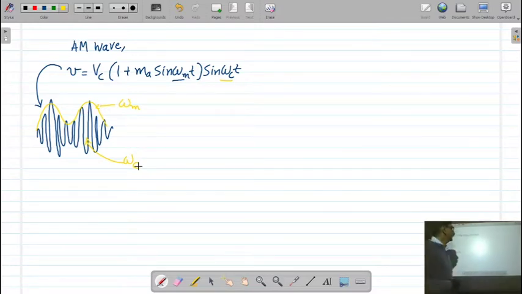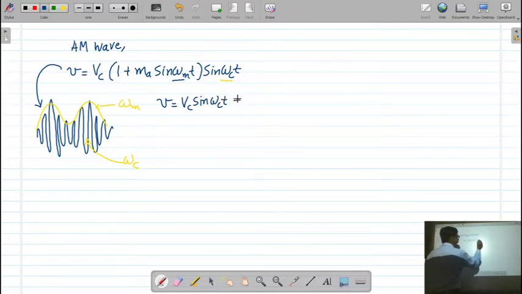So let us expand this. V is equal to Vc multiplied with 1 as well as with sine omega ct. So my first term will be Vc sine omega ct.